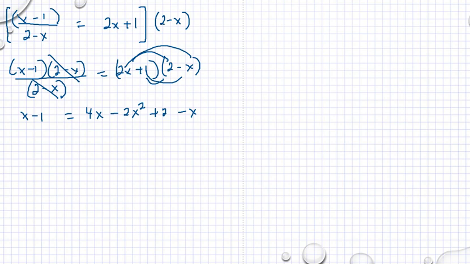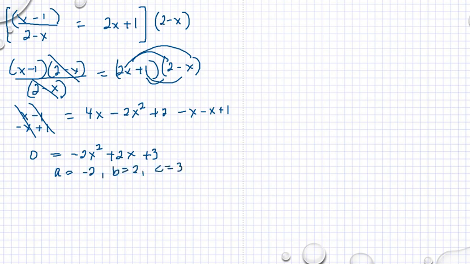If we subtract both sides of the equation by x, and then add 1, so that we have 0 on the left hand side, then we have negative 2x squared plus 2x plus 3. The formula says, we have our a now. Our a is equal to negative 2, b is equal to 2, c is equal to 3.